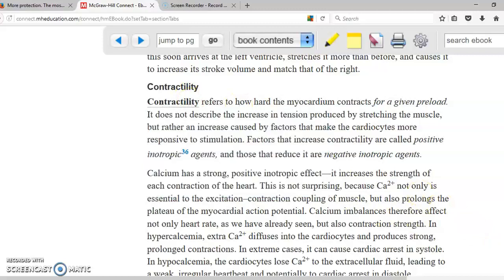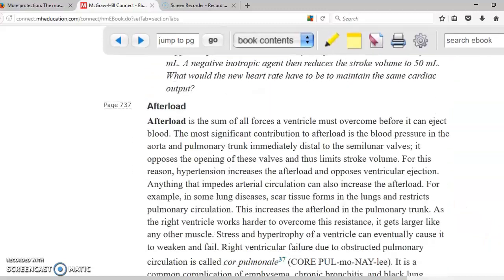So then if we scroll down, the afterload. Imagine that we have the 5 liters in the heart, so the preload was perfect. The heart has no problems, so it's going to be able to pump all the 5 liters, and the blood will come out of your heart using the aorta. Imagine that for whatever reason, the valves in the aorta are thick and they don't open properly.